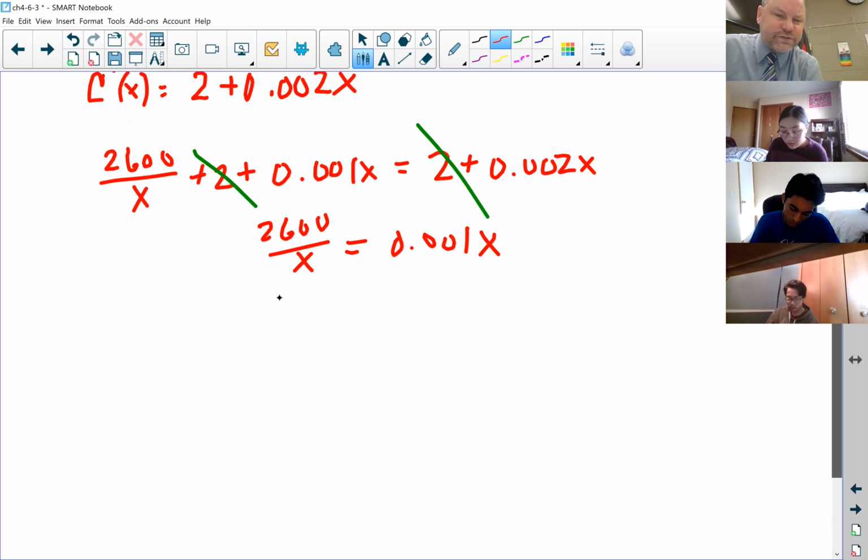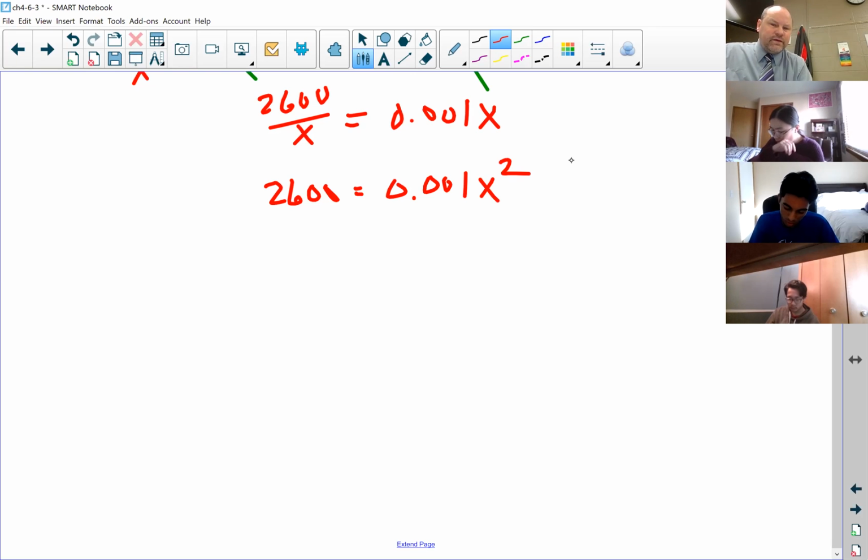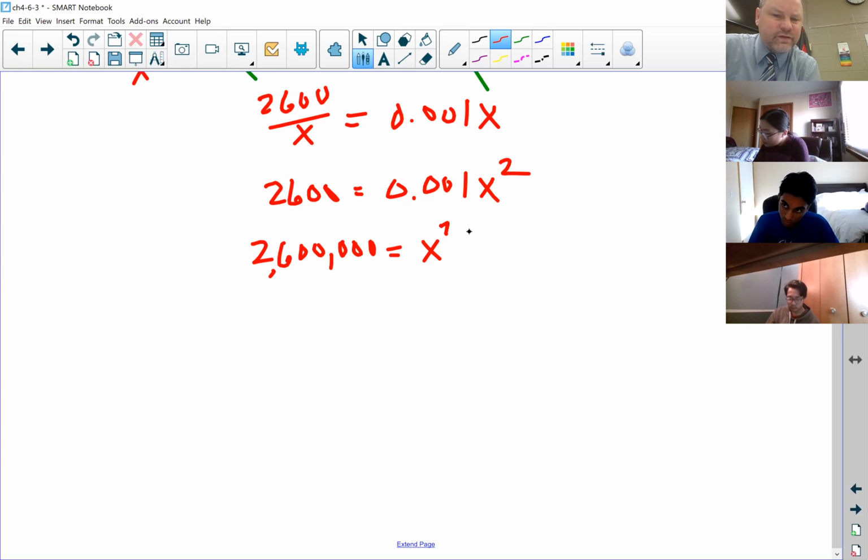Multiplying by x on both sides. Multiply by 1,000. And then taking the square root.